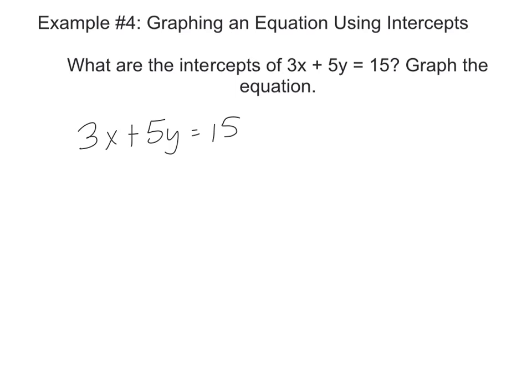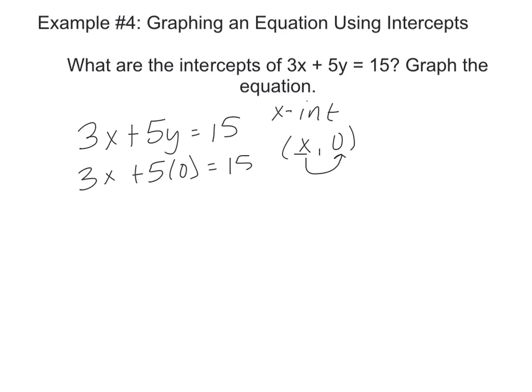Let's say I want to start by finding my x-intercept. Remember, my x-intercept is of the form x, comma, 0. That means I need to make my y 0. So I'm going to have 3x plus 5 times 0 equals 15.